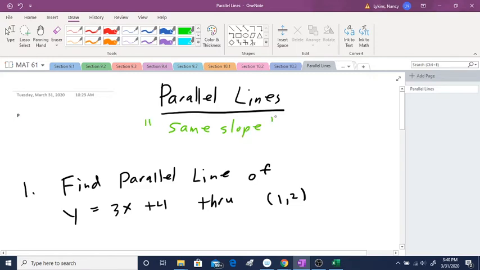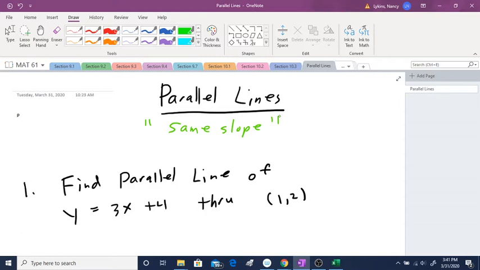Now, to demonstrate how to find lines that are parallel with each other, I've got several examples. My first example is: find a parallel line of the equation y equals 3x plus 4 that goes through the point (1, 2).